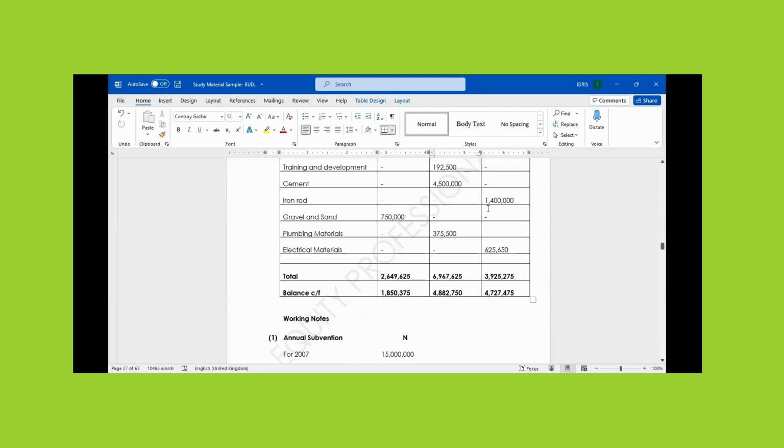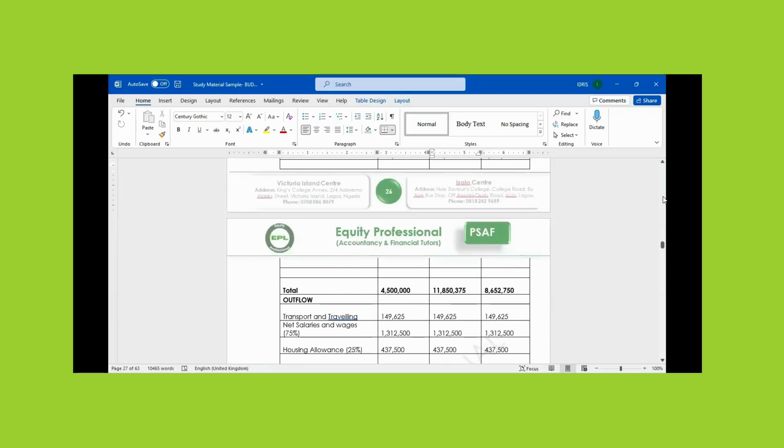We take it to March as balance brought forward.